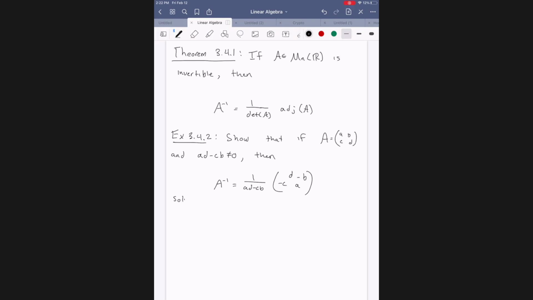Solution. So again, finding the adjoint of A, we get this.